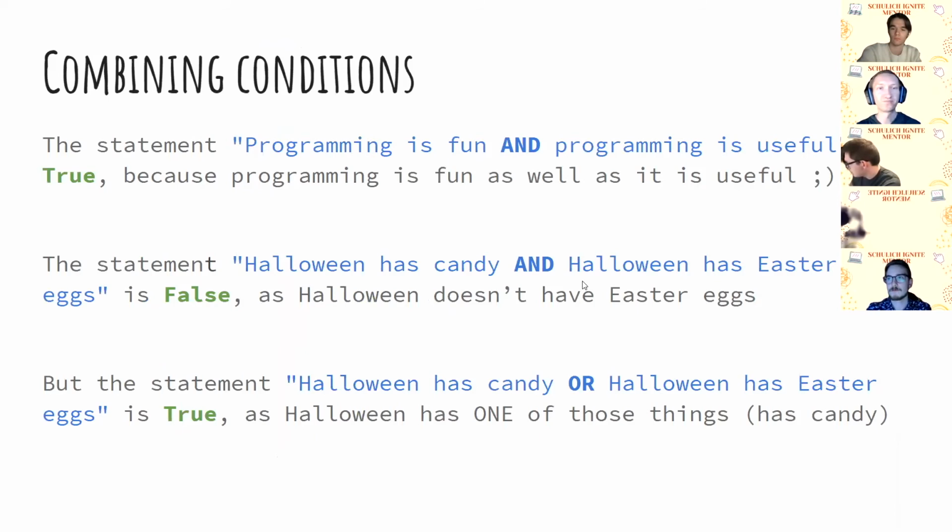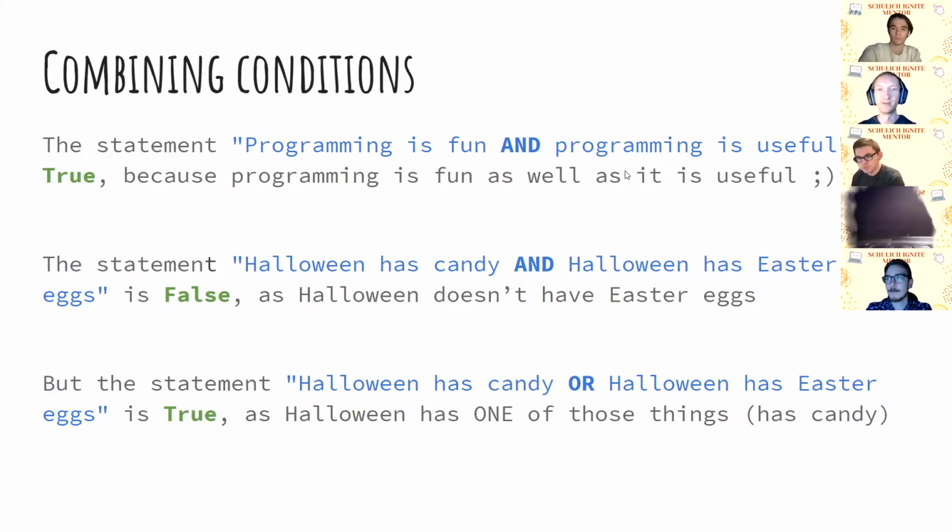Okay, so far we've only had pretty simple conditions. So now we're going to look at how we can use logical statements like and, or. So if we want to express this idea that programming is fun and programming is useful, well, this statement is going to be true because both of those are true.